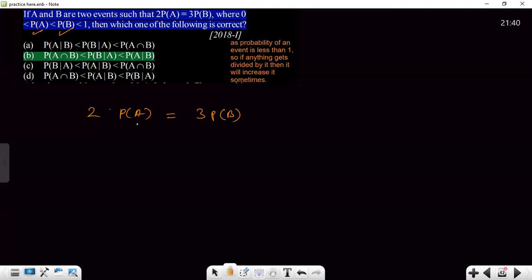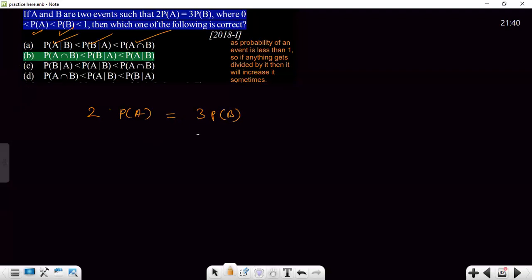So now in the options, we are looking at the probability of their conditionals. If A has happened, what is the probability of B? If B has happened, what is the probability of A? What is the probability of both events happening simultaneously? We have to discuss the inequality between all of these.